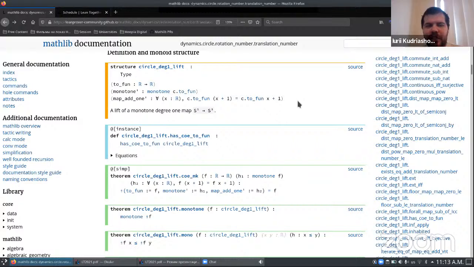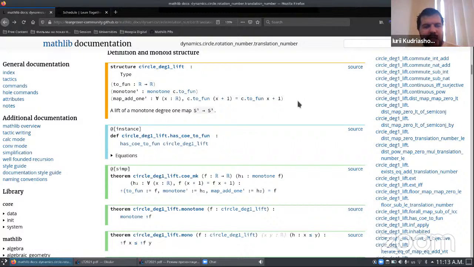Then you can either define another structure and transfer lemmas, and now I think that this is the right way, or do a trick. And I did a trick. I noticed that units of this monoid exactly correspond to homeomorphisms.